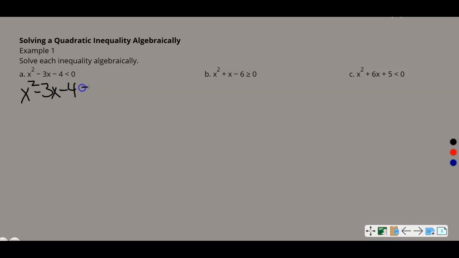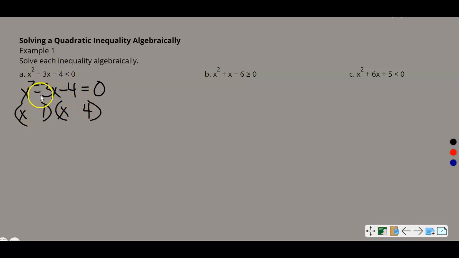So we are going to set this equal to 0 temporarily because we already know how to solve equations of quadratics. So to do this, we're going to now factor because we're looking for a number that multiplies to give me 4, adds to give me 3, and that's going to be 4 and 1. So I'm going to have 4 and 1. When I multiply to get a negative number, I know I have to have opposite signs in my factors.